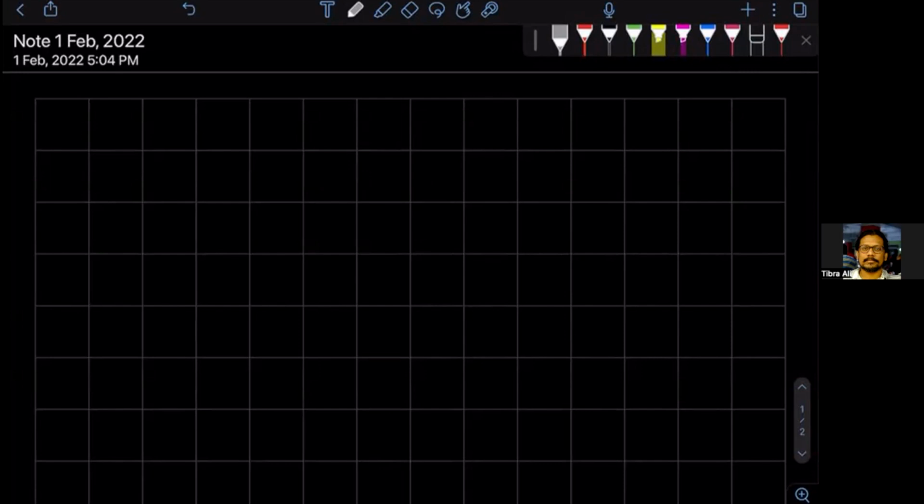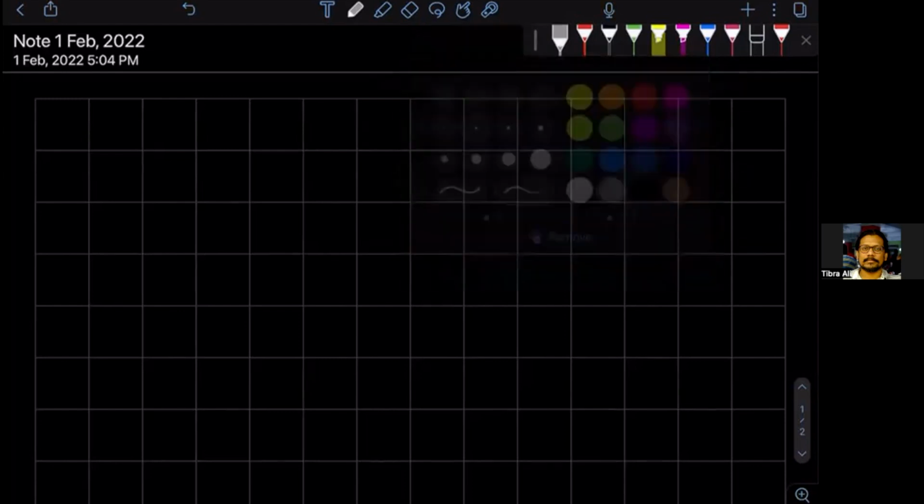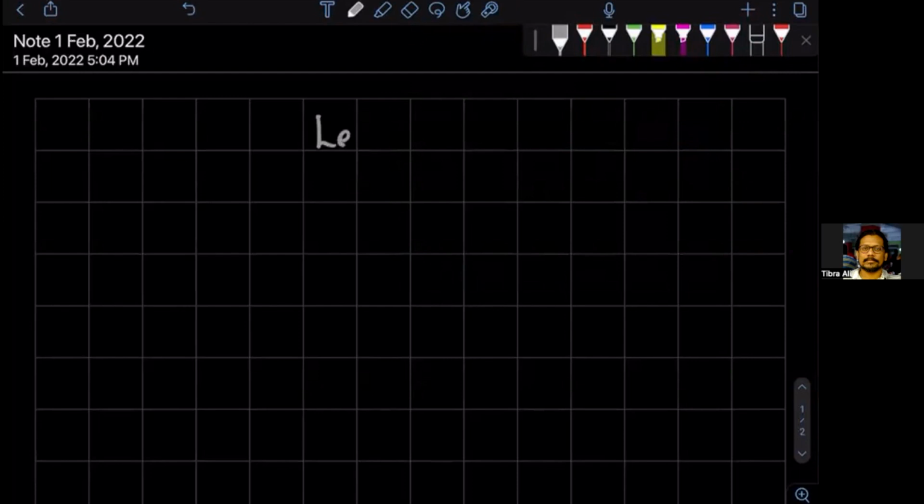Correct. So what we discussed last time is that we didn't actually finish the possible applications of groups. So I think we were discussing applications to mathematics, right? So lecture number 2, applications to mathematics.